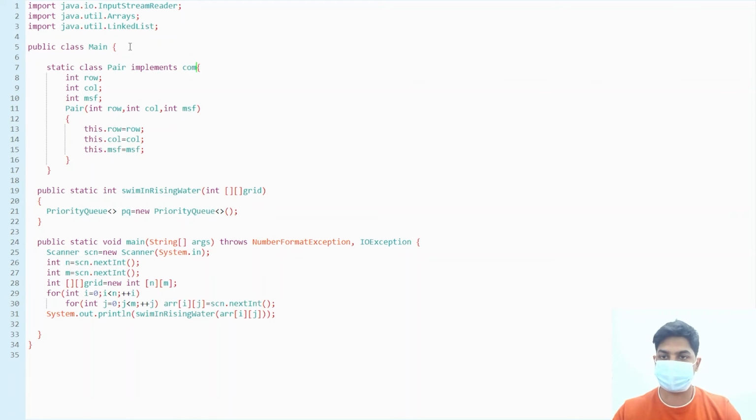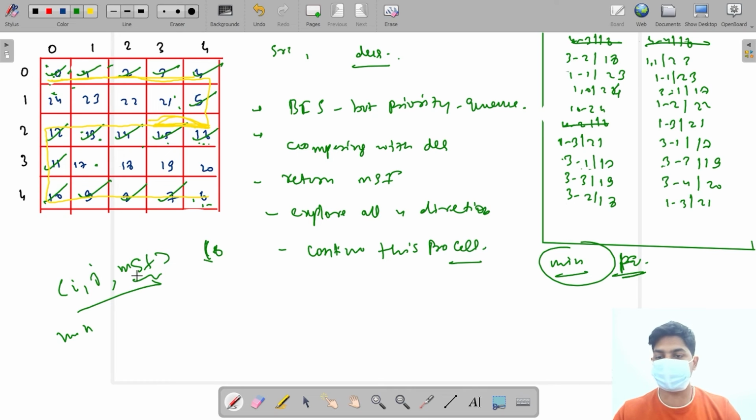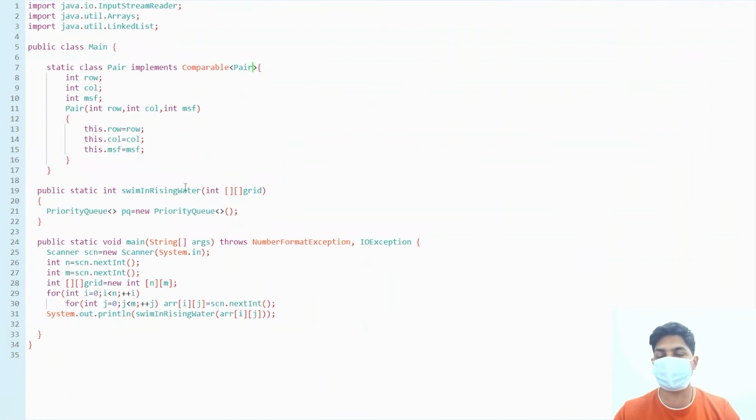And we'll have to implement Comparable of Pair. Why do we need this? We want a minimum priority queue, right? So we'll have to implement a comparable for it. So let's implement that also.